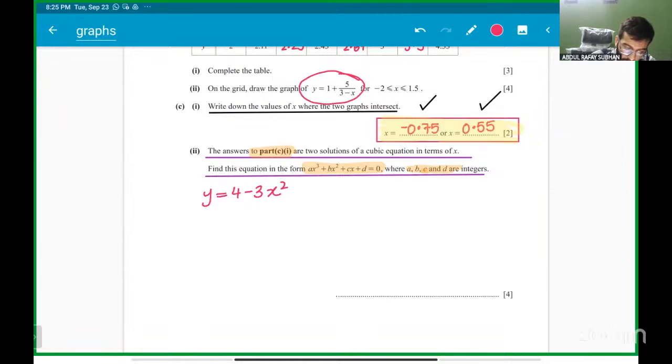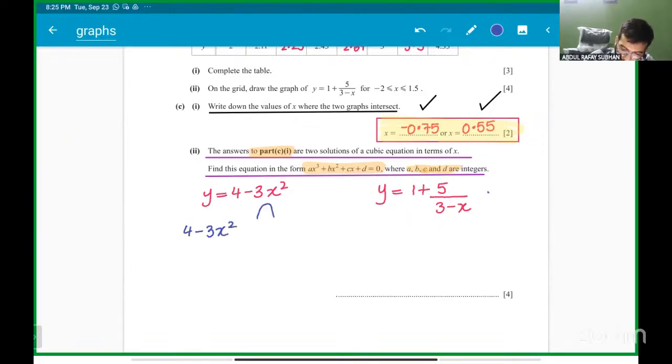And we have got y = 1 + 5/(3 - x). So just equate them together and you will get it.